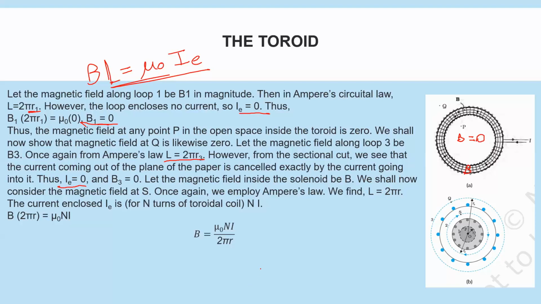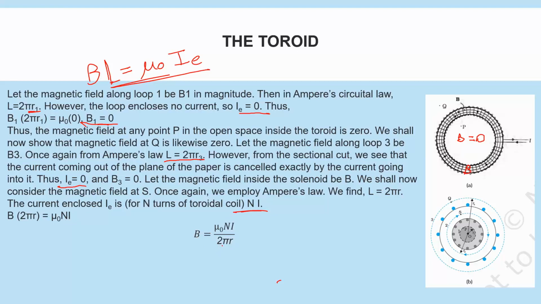And the current that is there is going to be Ni, a product of the number of turns and the current. So that is going to be IE, the enclosed current. Then putting these in the equation, what we get is B equals mu 0 Ni by 2 pi R.